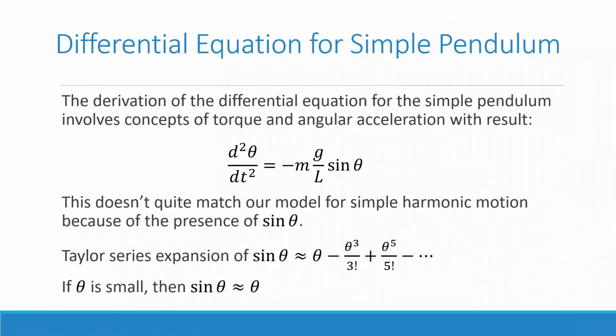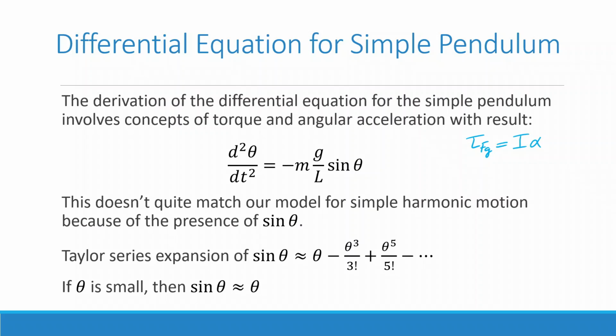Well, what we can do is we can go through and set up a differential equation for this. So in this case, our differential equation would come from torque, and our gravitational force is going to be creating torque, and that torque is going to equal I times alpha.